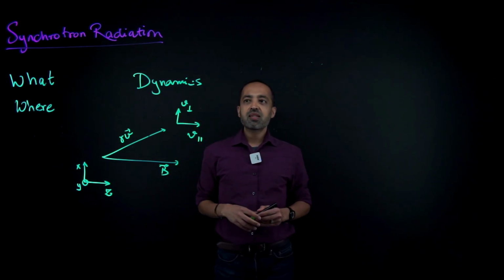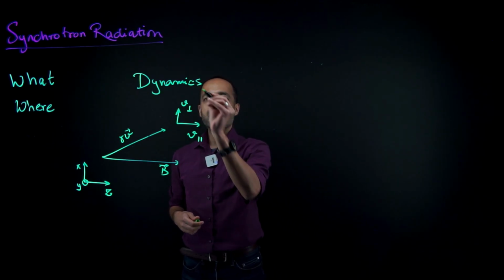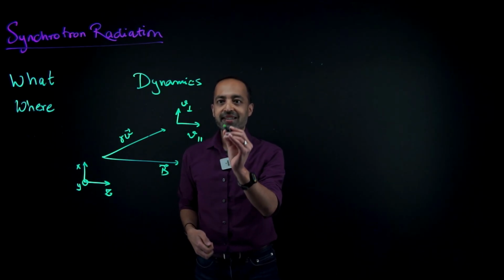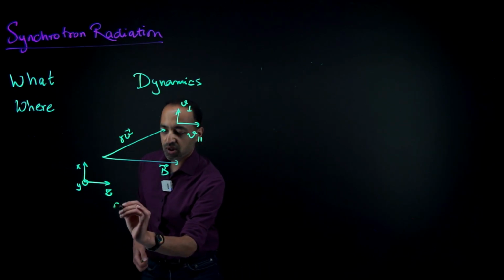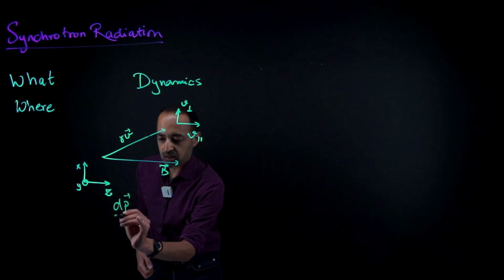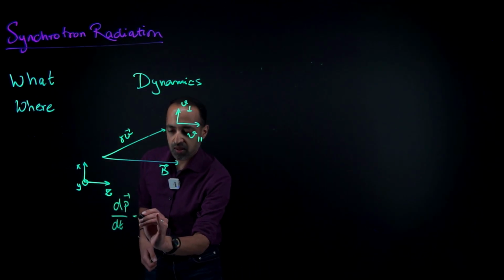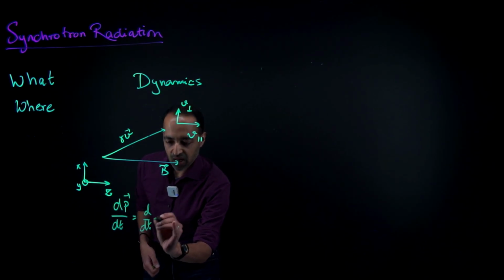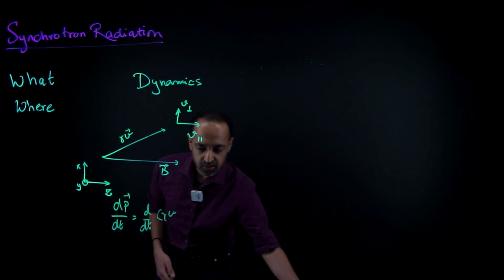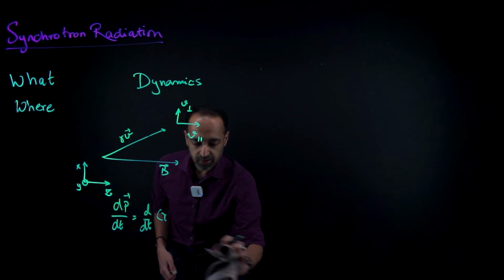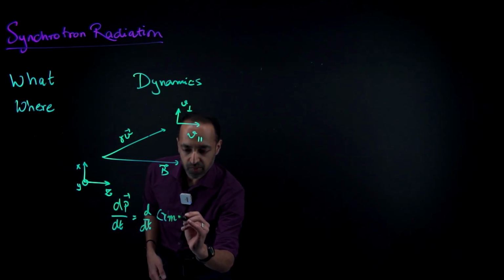When we're talking about dynamics, the first thing we want to do is write down the equation of motion. The equation of motion tells us the change in the momentum, dp/dt, which is just d/dt of gamma mv, because this is a relativistic particle, so we need to use the relativistic momentum, gamma mv.